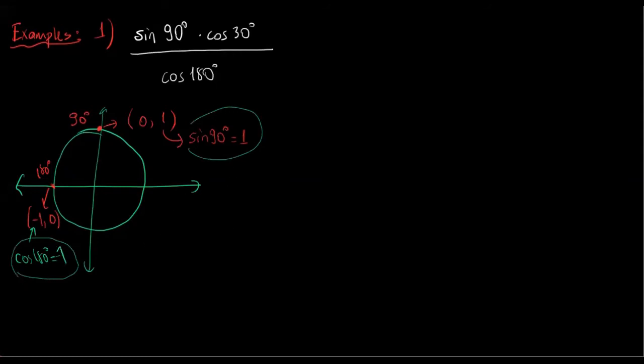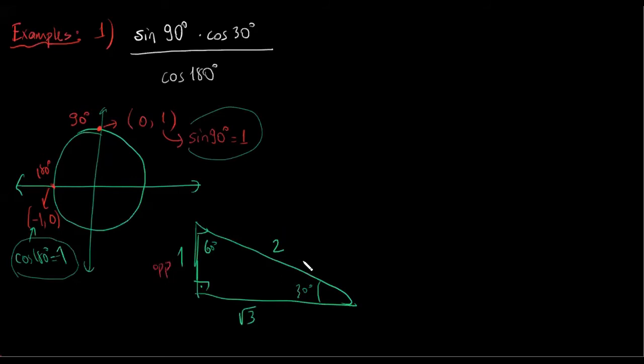Now I need cosine of 30. For cosine of 30, I'm going to draw a special right triangle. I will put 90, I'll put 30, and the third one must be 60. Across 90, we have 2, across 30, we have 1, and across 60, we have root 3. So 30 is our angle. This is opposite. 2 is the hypotenuse because the side opposite to 90 is always the hypotenuse.